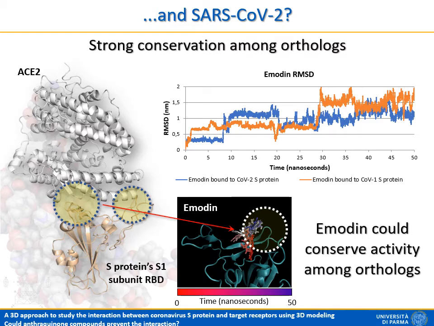That means that if you look at the old spike protein and if you look at the new spike protein, Emodin should interact better within the new spike protein, the spike protein of the new coronavirus. So what we got in the end was the hypothesis that Emodin has a degree of functional conservation also against the new coronavirus.